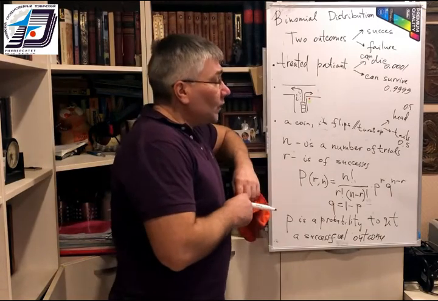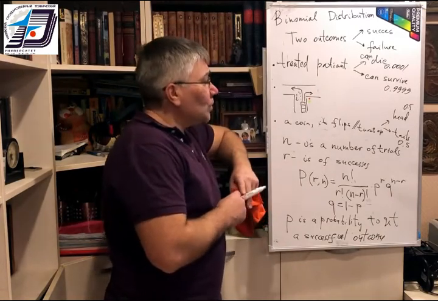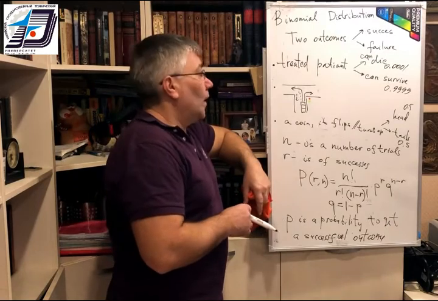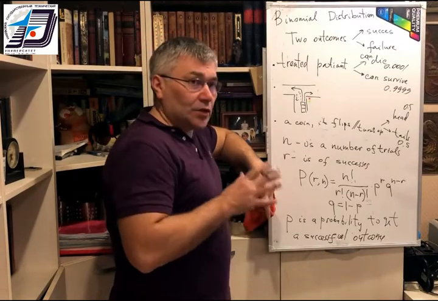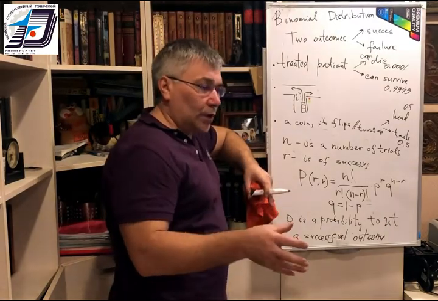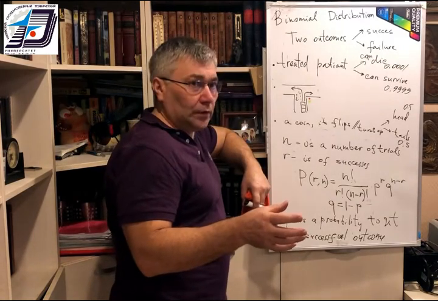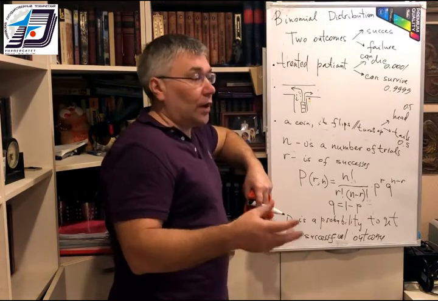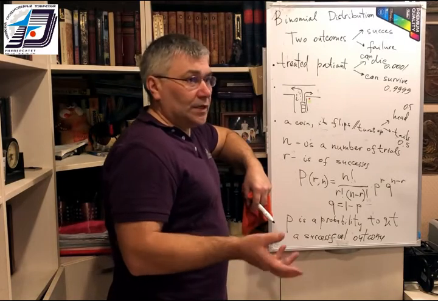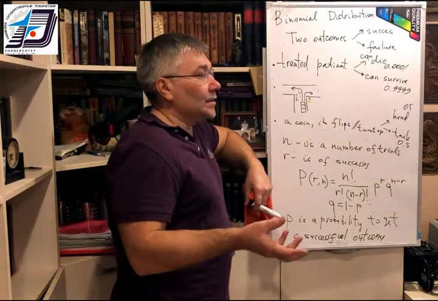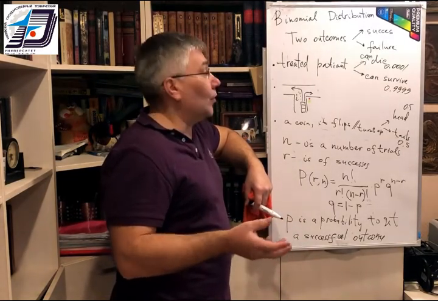Okay, so I've got a question: what does it mean, success or trial? A trial is an experiment. For example, if you are tossing a fair coin, this is the experiment or trial. And success, for example, I pick out success as the head side of the coin.